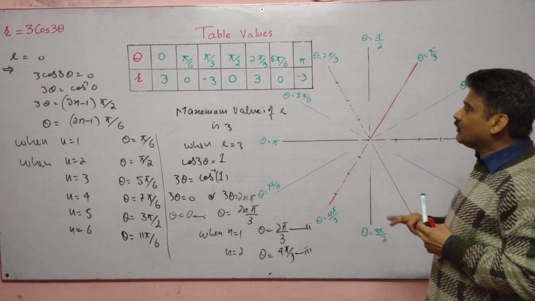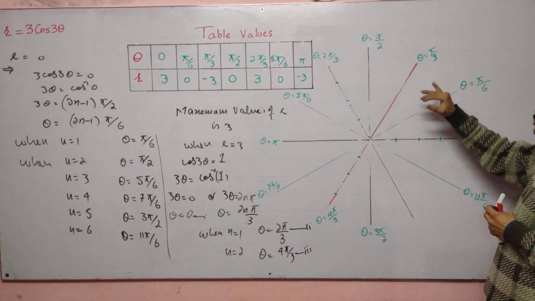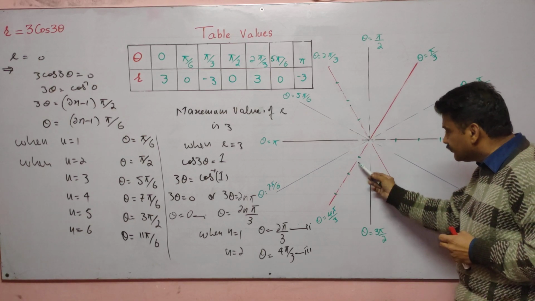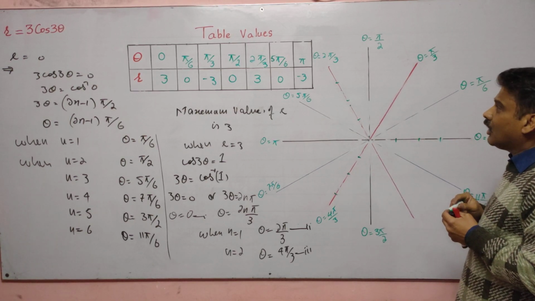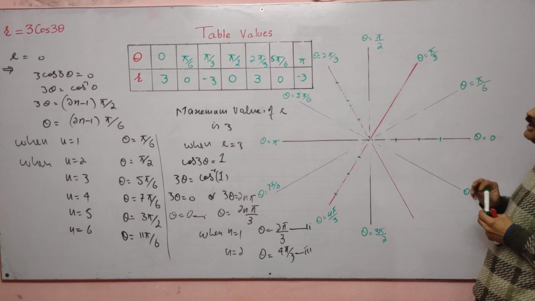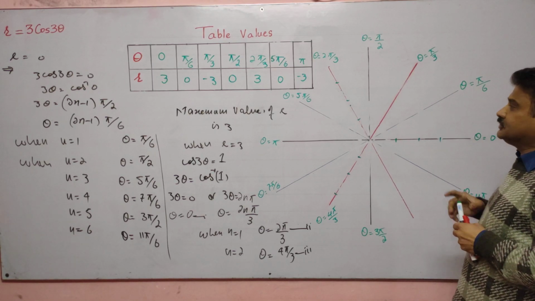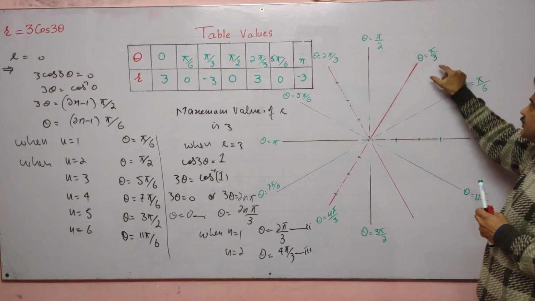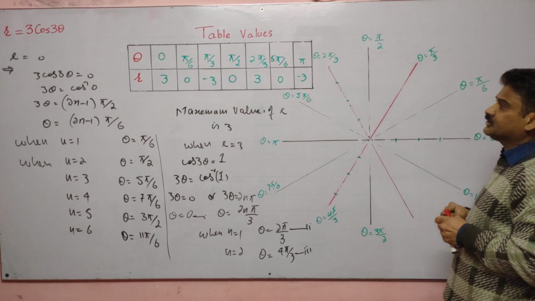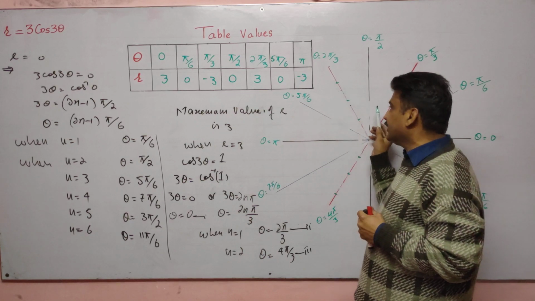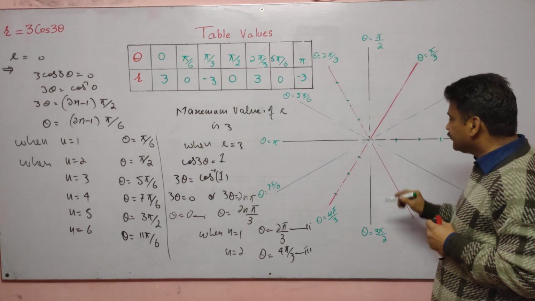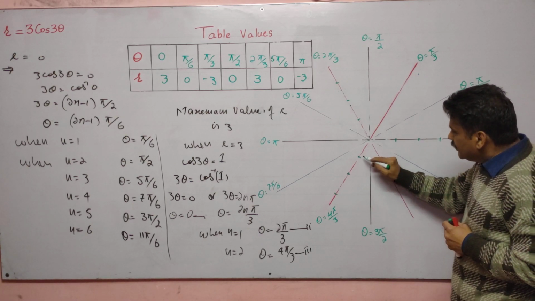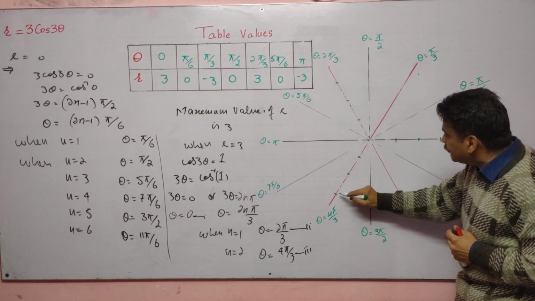We should take the negative value of r in the direction opposite to theta is pi by 3, and this is the direction opposite to theta is pi by 3. We should take negative r minus 3 on this line opposite to this. Okay, minus 1, minus 2 and minus 3.